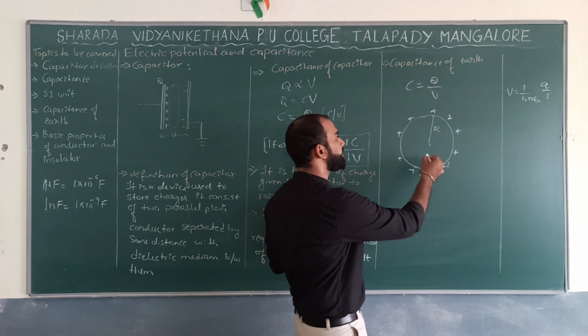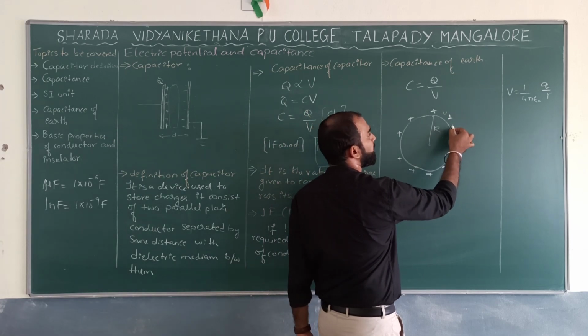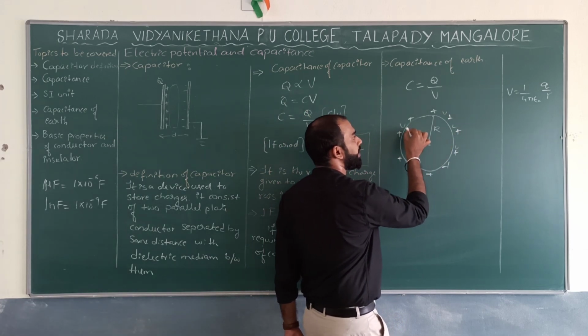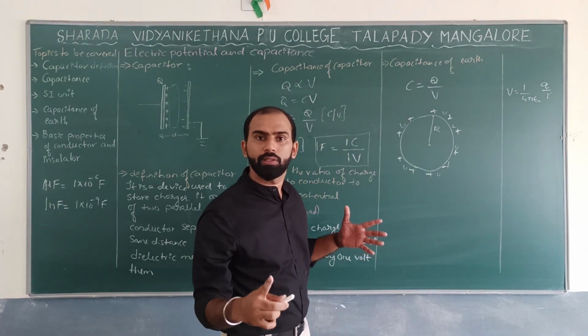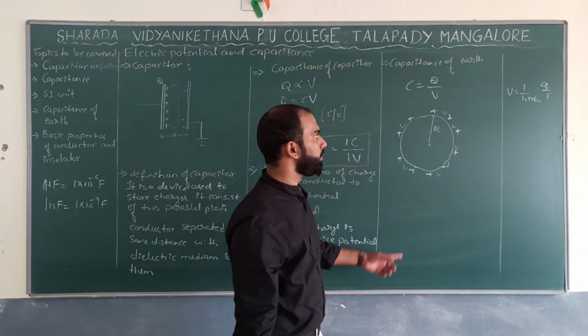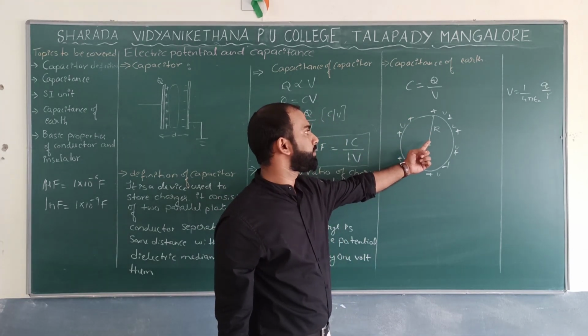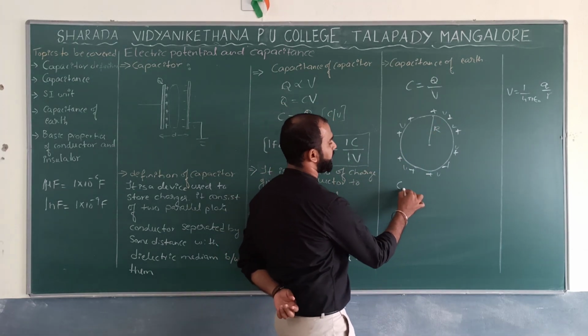Because the radius is constant. Now, at each particular point, what is the potential here? The same, V.